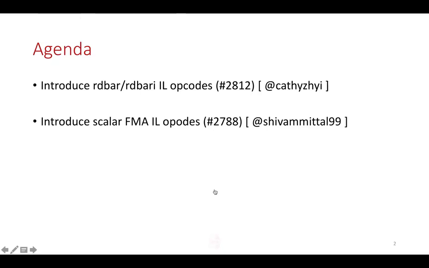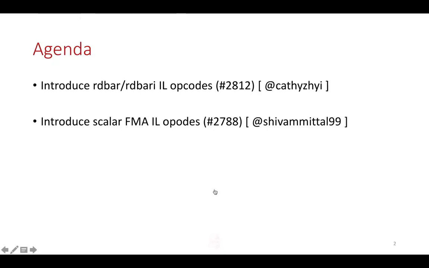One of the things he'd like to do is add new scalar FMA opcodes to OMR. I called out scalar because there already are vector FMA IL opcodes in OMR, of all things.